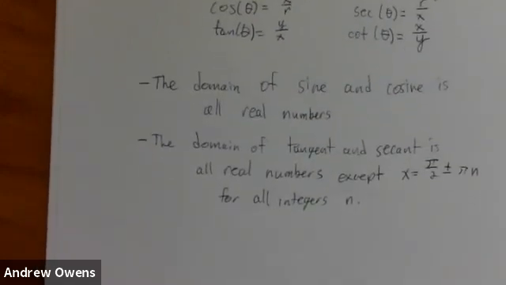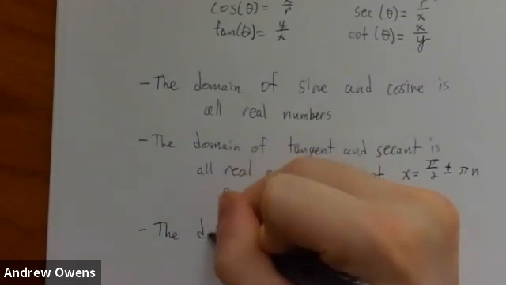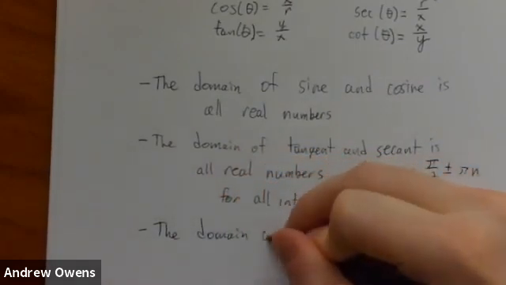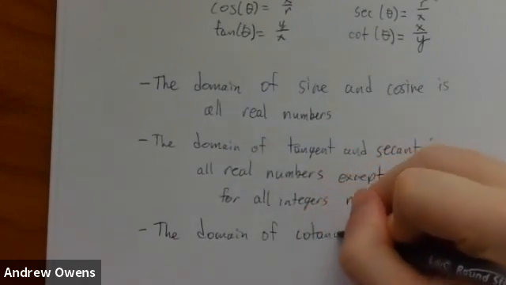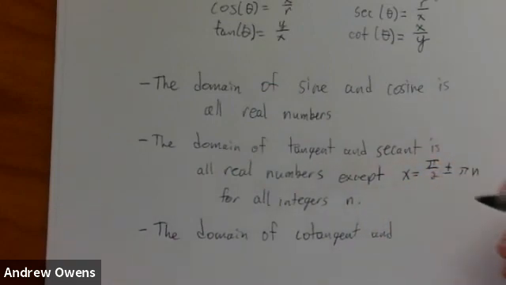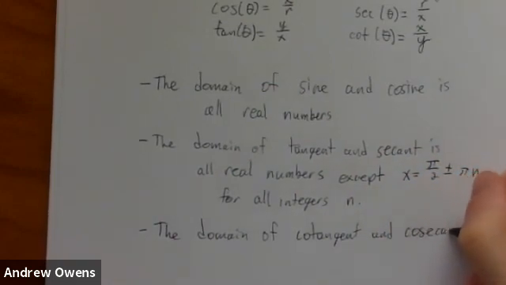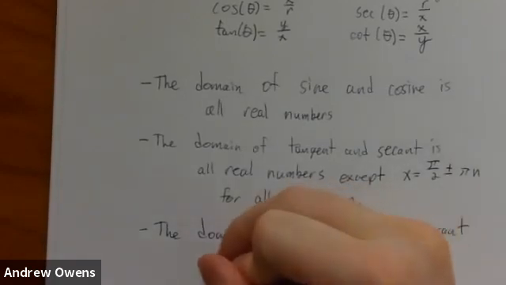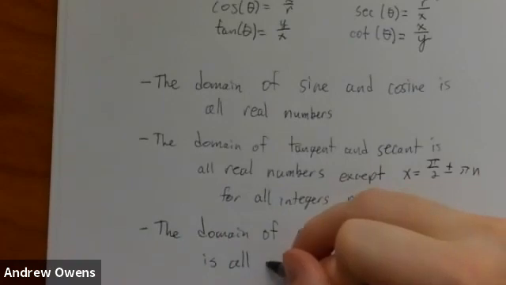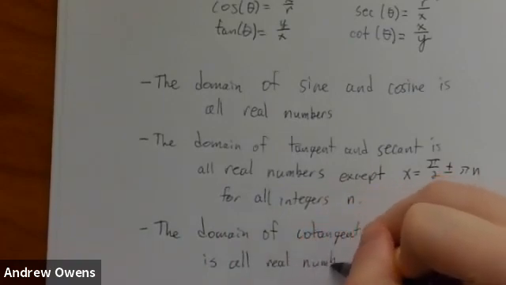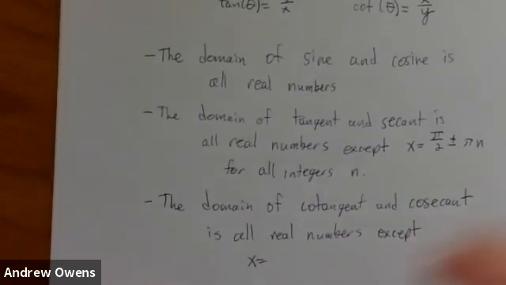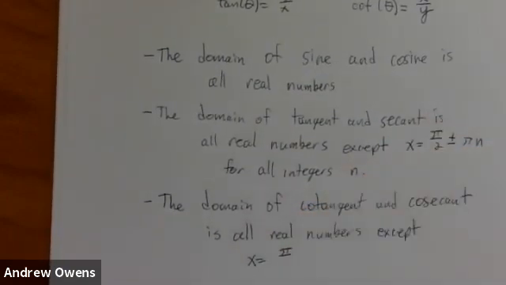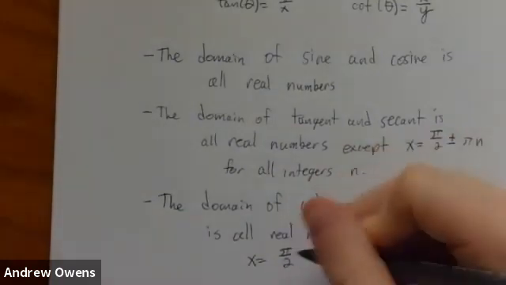All right. The last one is very similar. The domain of cotangent and cosecant is all real numbers except x equal to pi over 2.